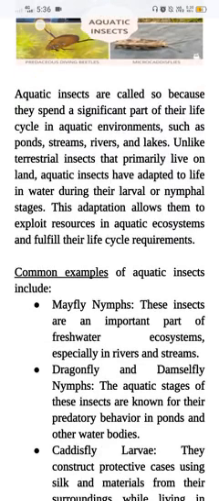Unlike terrestrial insects that primarily live on land, aquatic insects have adapted to life in water during their larval or nymphal stages. So, that is a very important adaptation they have. This adaptation allows them to exploit resources in aquatic ecosystems and fulfill their life cycle requirements.